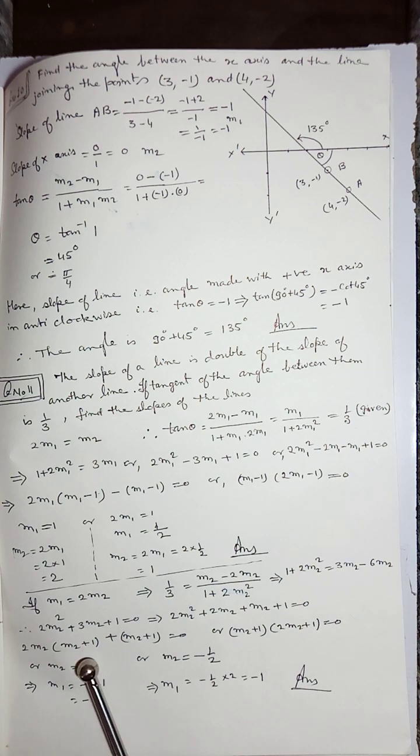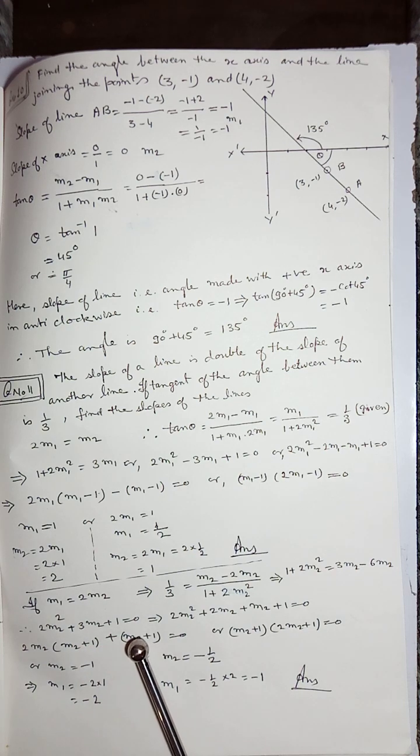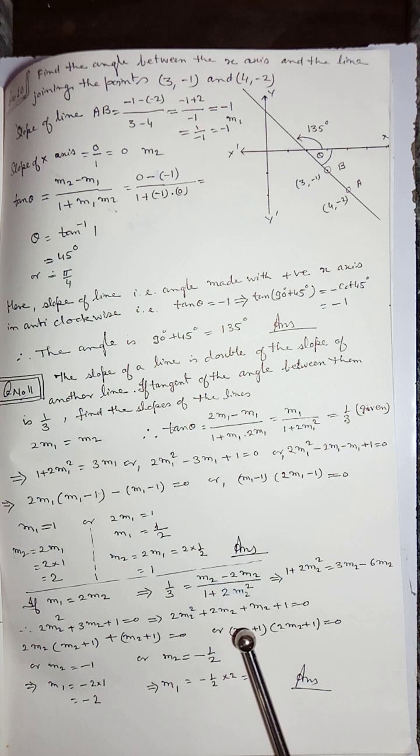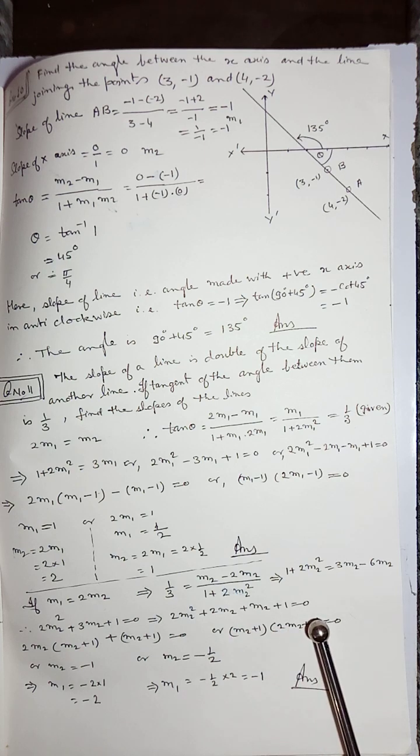Now see what I have done: twice m2 square plus thrice m2 plus 1 equal to 0. First of all I have split the 3m2 in two parts: 2m2 square plus 2m2 plus m2 plus 1 equal to 0.